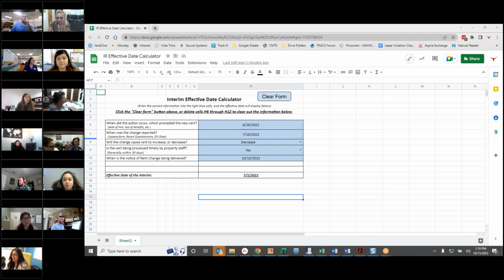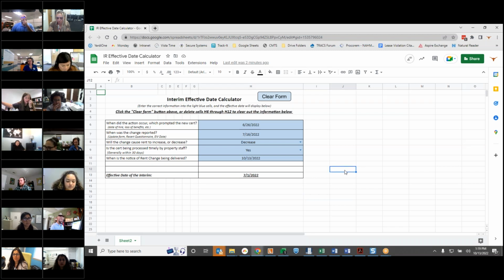But it's always been the first of the month after the action, and I think the 10-day to 30-day change may be why y'all are having trouble wrapping your brain around it. You know what's funny, y'all? We've already trained on this chart before, and we've trained on the IR effective date calculator before. I told Brian I think we need to train on it again, because I don't think folks remember that we've trained on this and these resources have been available, because he created these months ago.